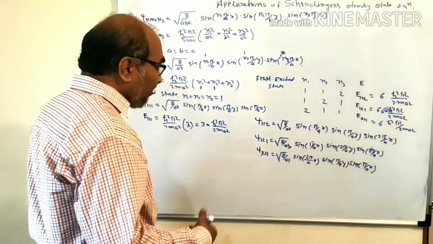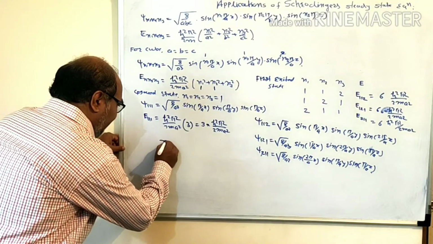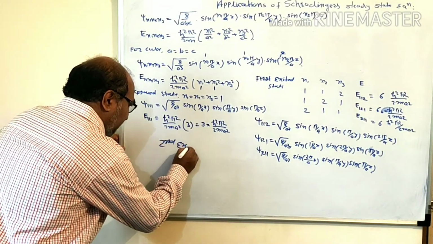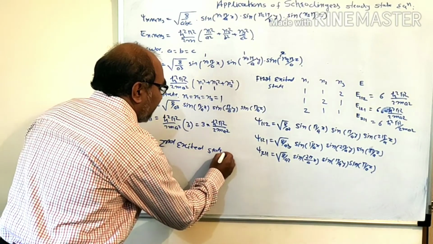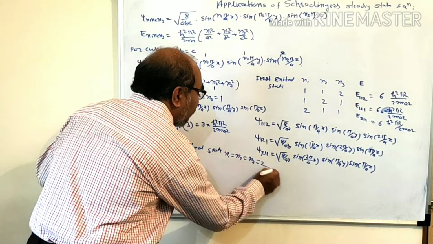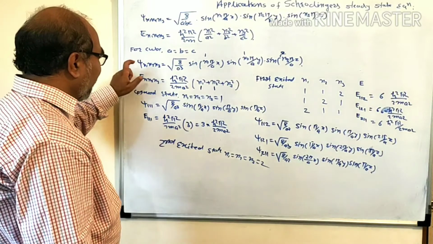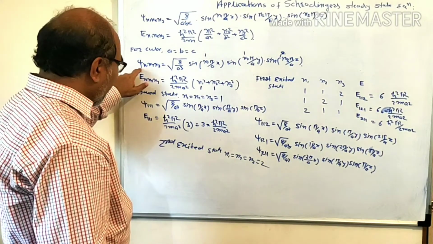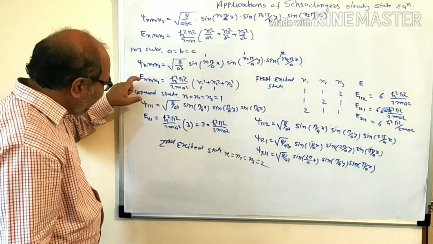And for the second excited state, n1 is equal to n2 is equal to n3 is equal to 2. Okay, and therefore first we find the energy eigenvalue.